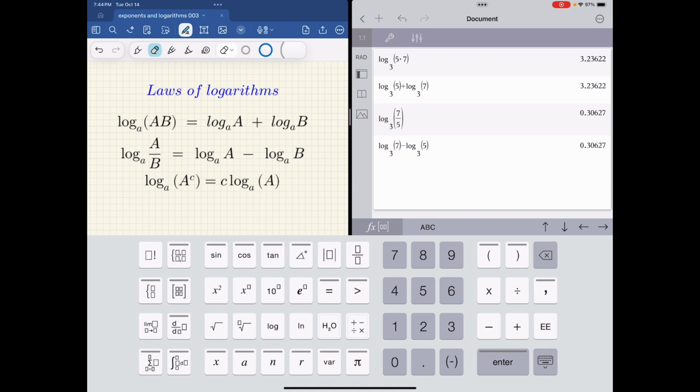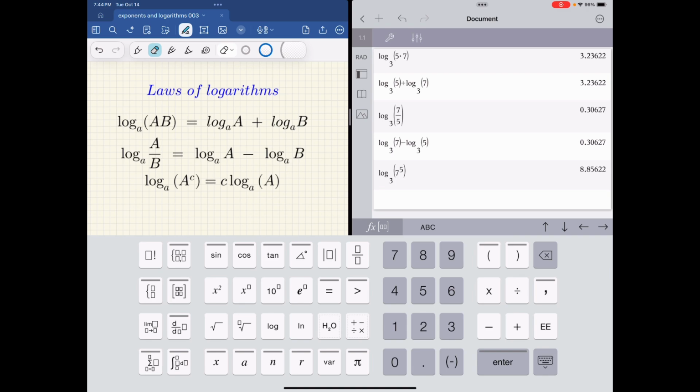Now let's look at log base 3 of 7 to the 5th power. Approximation answer, 8.85622.